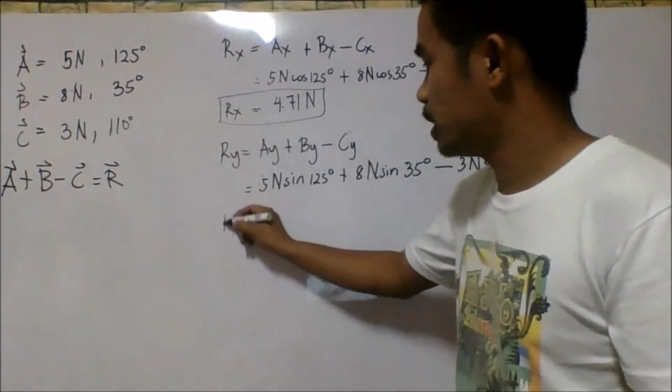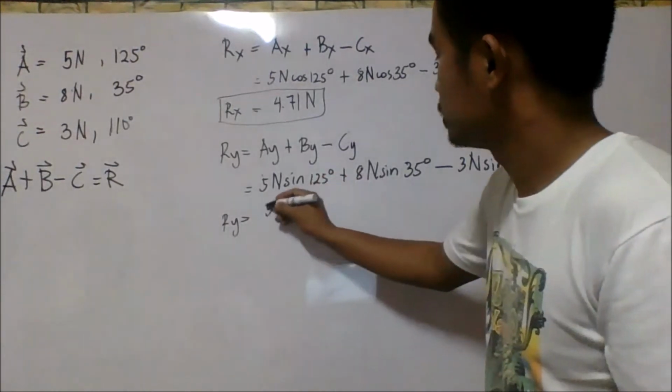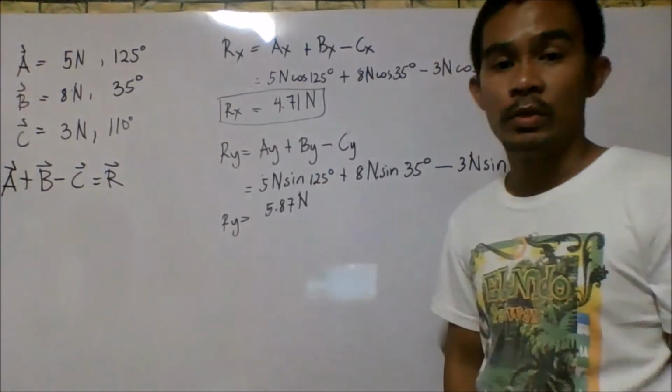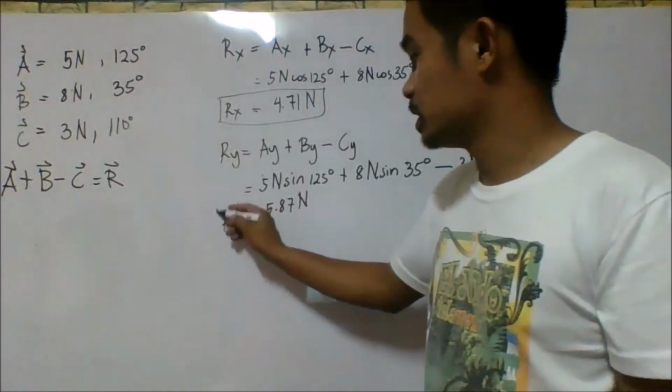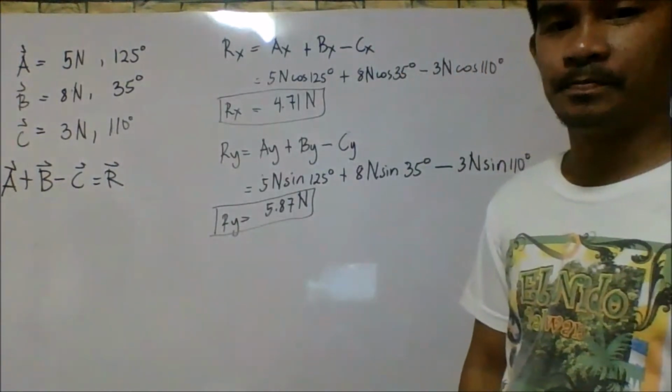So we have R of y equals 5.87 Newton. So this is the y component of vector R.